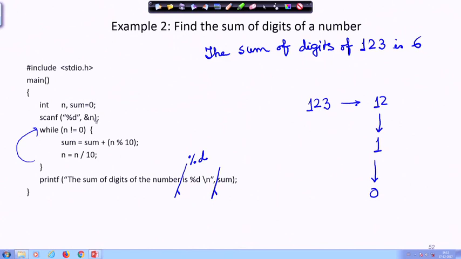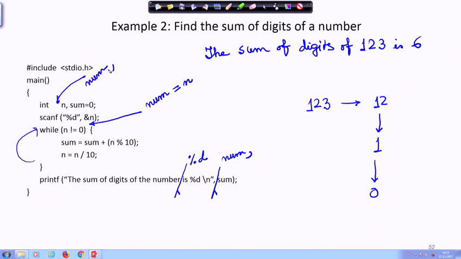So, what I can do here, after reading this, I can save it in another variable num as n, and here I will put num comma. Now, because I am destroying n here, but I am not touching num, num will remain intact. Only another thing that I have to do, I have to add this num here.